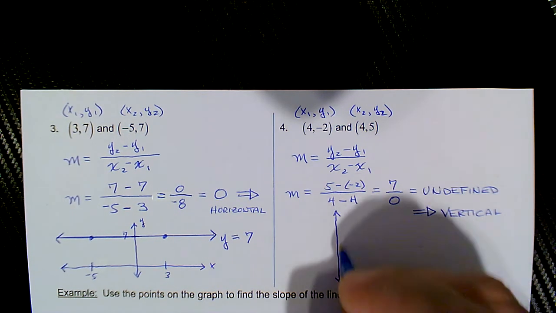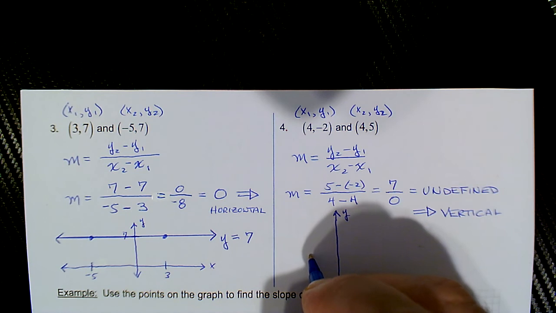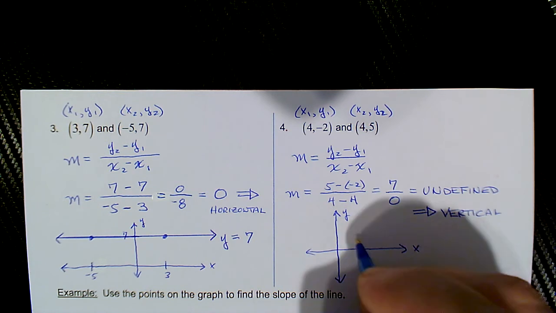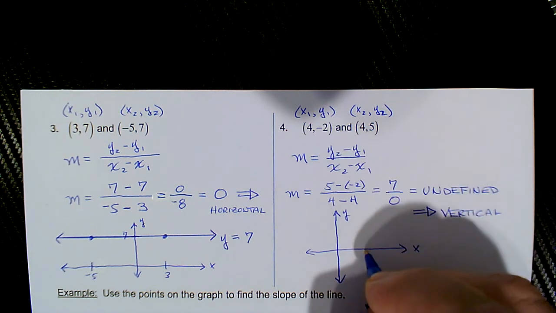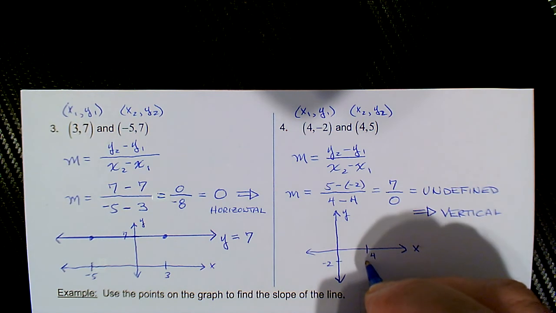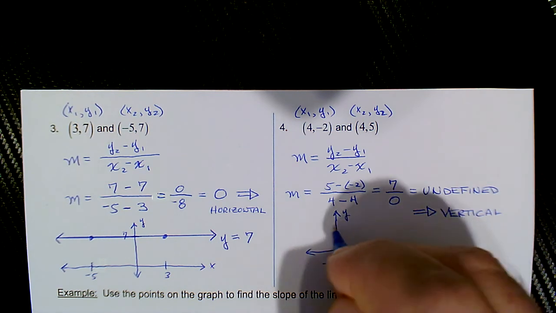Okay, so here's an example where we want to use the points on the graph. What we first identify is the ordered pairs for those 2 points, so we have to read them from the graph.